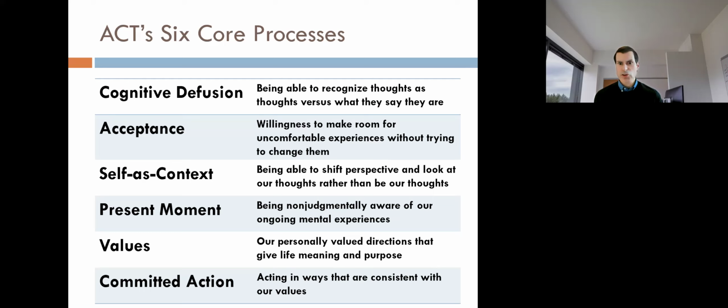Whether it's cognitive diffusion, which means being able to recognize and step back from our internal experiences and recognize thoughts as thoughts; acceptance, which is our willingness to make room for uncomfortable experiences without trying to change them; self as context, being able to shift perspective and see ourselves as more than our thoughts; being present in the moment, being non-judgmentally aware of our ongoing experiences, which we define in a mindful way; the person's values, what drives them in terms of giving their life purpose and meaning; and then how their actions or behaviors align with that or not, in terms of committed action.